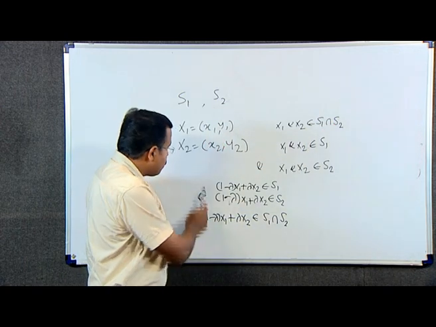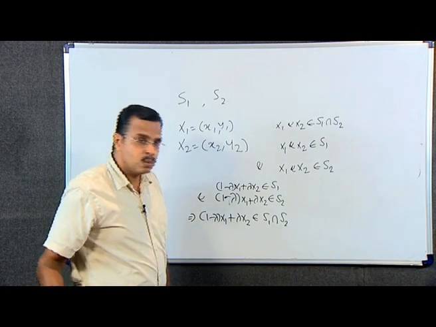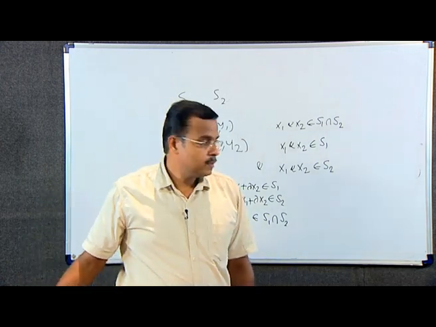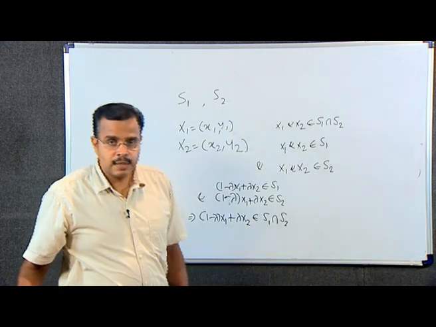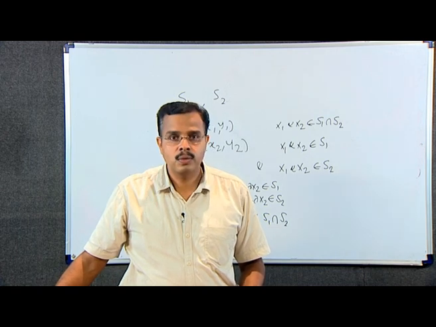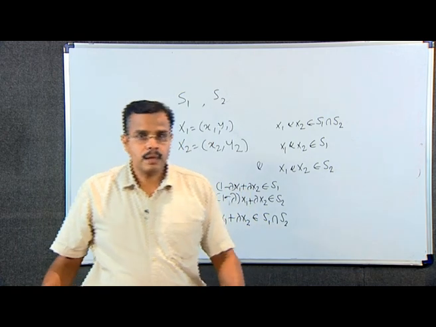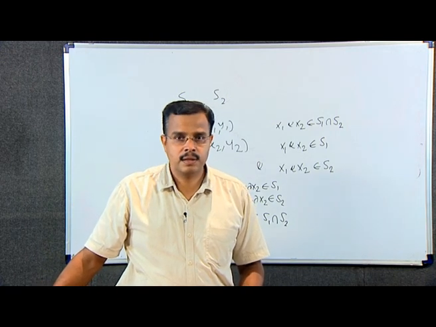Then the convex linear combination of these x1 and x2 also belongs to S1 intersection S2. Therefore, if S1 and S2 are two convex sets, their intersection S1 intersection S2 is also convex. That means the intersection of two convex sets is a convex set.